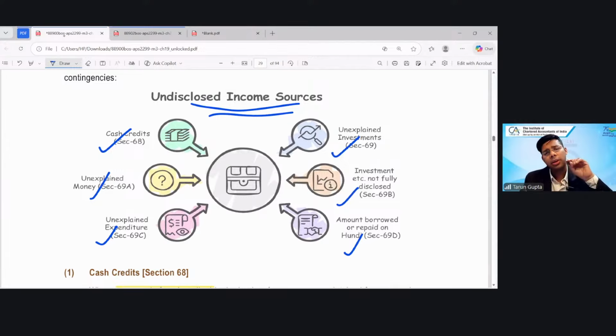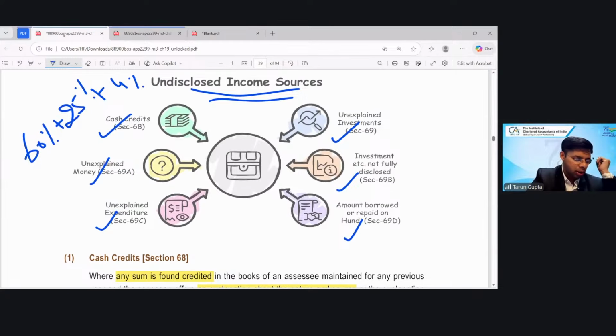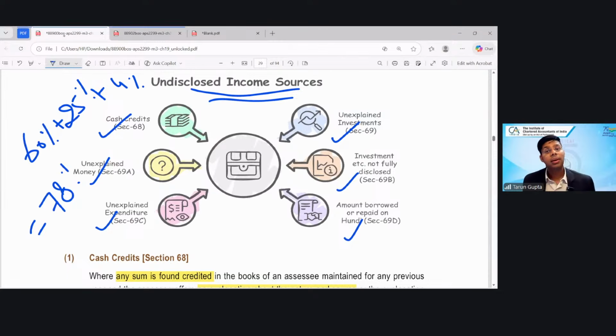There are some six odd sections under which the income assigned is taxable at the rate of 60% plus mandatory surcharge at the rate of 25% plus cess 4%. It gives 78%. Any income taxed under section 68, 69, 69A, 69B, 69C or 69D is taxable at the rate of 78%.